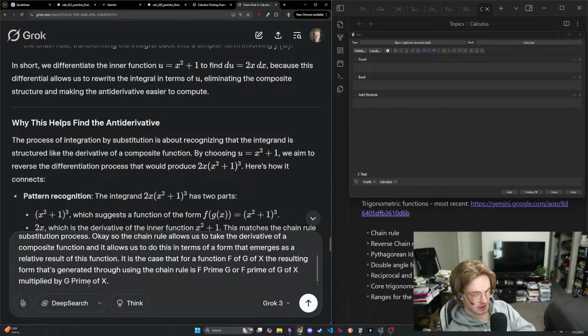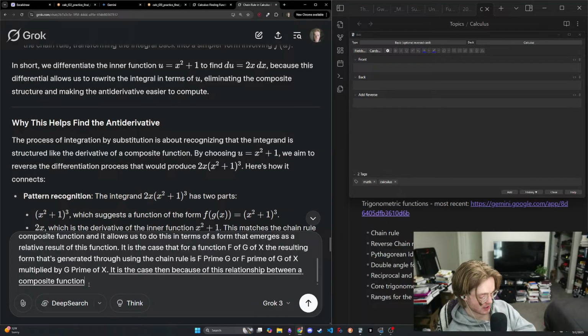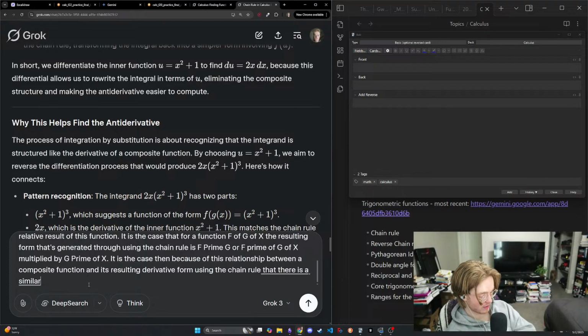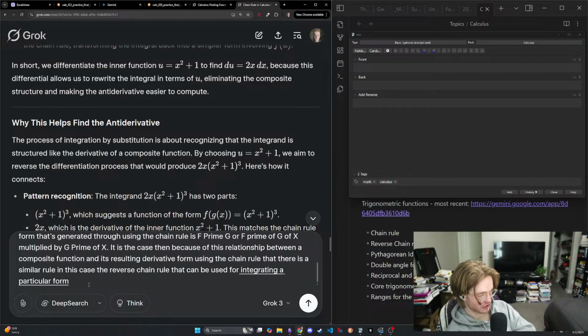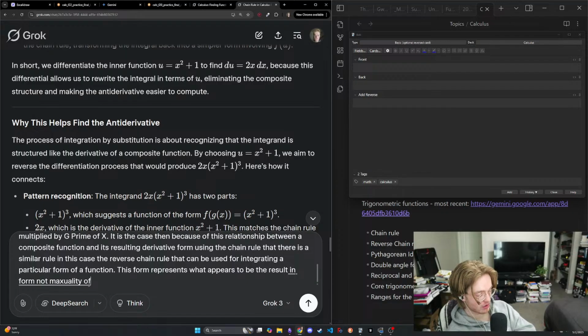It is the case then, because of this relationship between a composite function and its resulting derivative form using the chain rule, that there is a similar rule, in this case the reverse chain rule, that can be used for integrating a particular form of a function. This form represents what appears to be the result, in form, not in actuality, of the chain rule.